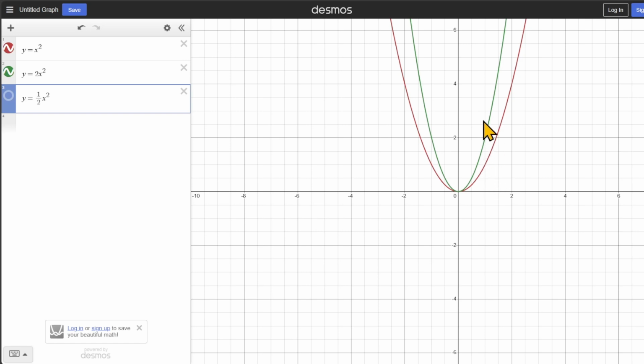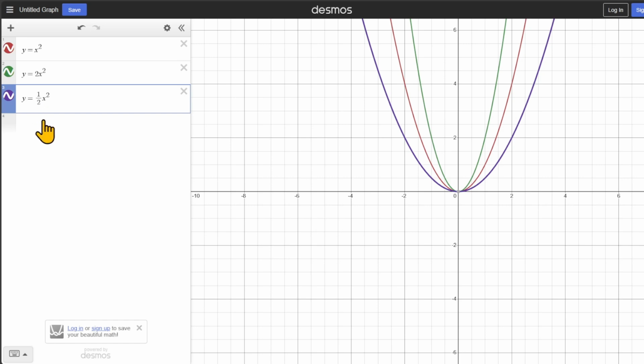And even though this is a vertical stretch, it could be interpreted as a horizontal shrink. And next up, when a is between 0 and 1, this is called a vertical shrink because a given point moves down closer to the x-axis. So the vertical shrink could be interpreted as a horizontal stretch.